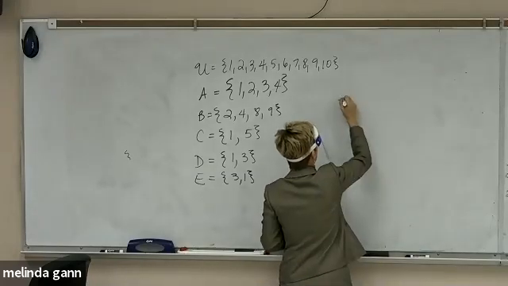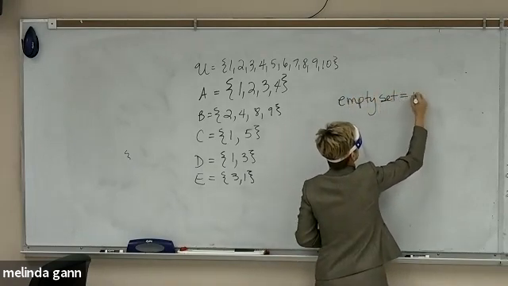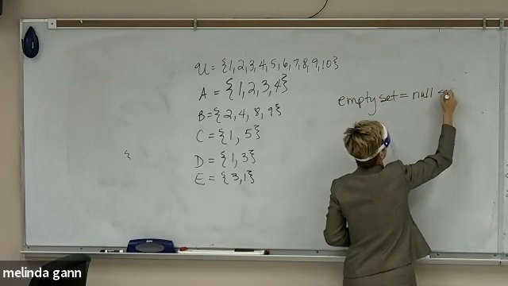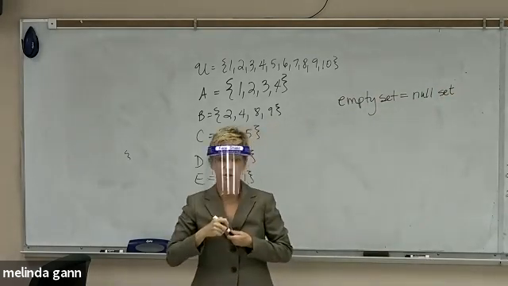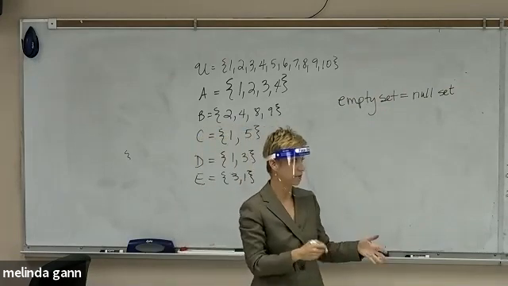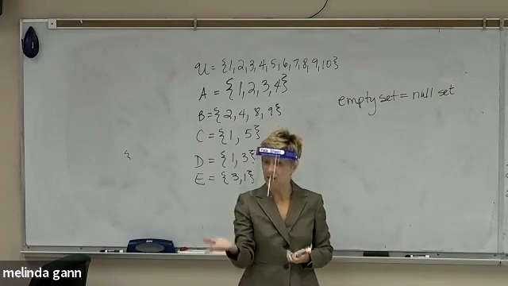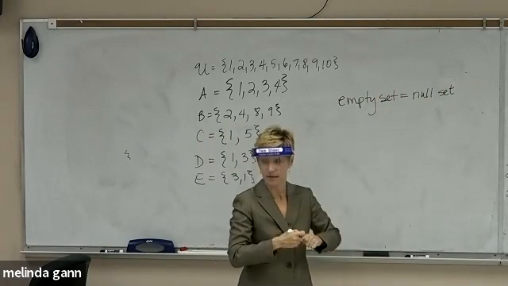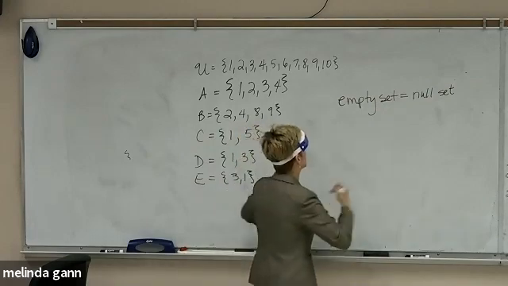Now, there's another phrase that means the same thing as empty set. Some books say null set, N-U-L-L. Those are 2 ways of saying the same thing, just like counting numbers and natural numbers. So the test might say null set or the test might say empty set.